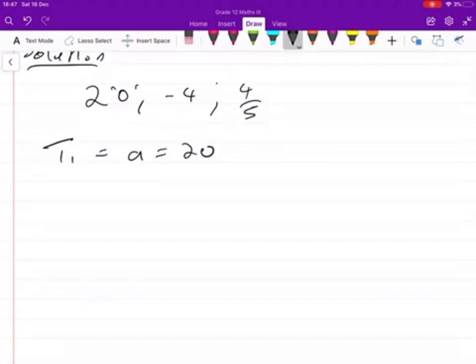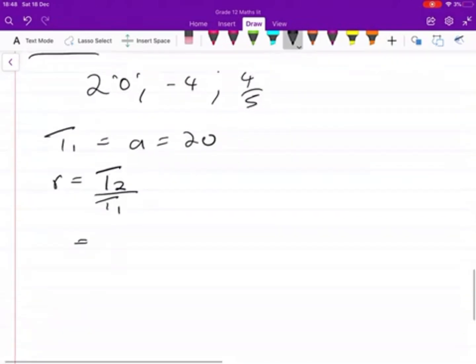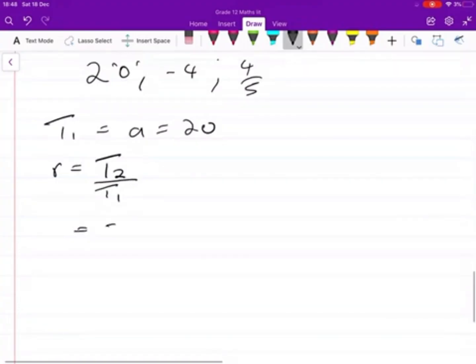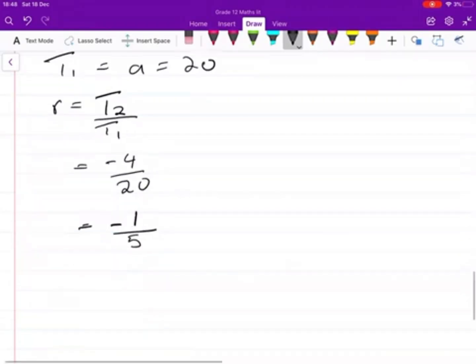The second thing is to find our common ratio. Remember, we say the next term divided by the previous term, T2 over T1, T3 over T2, and so forth. So this is minus 4 divided by 20. 4 into 4 goes once, and 4 into 20 goes 5 times. Okay, so now we have our common ratio.